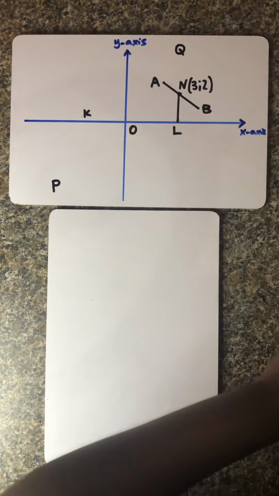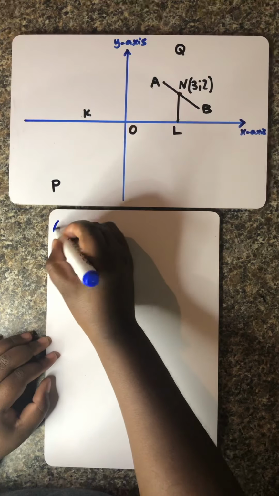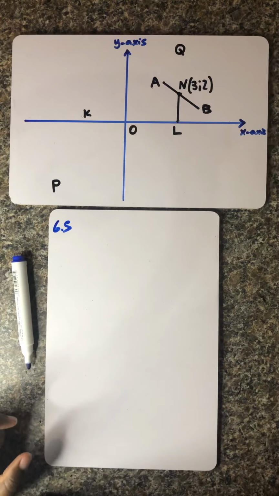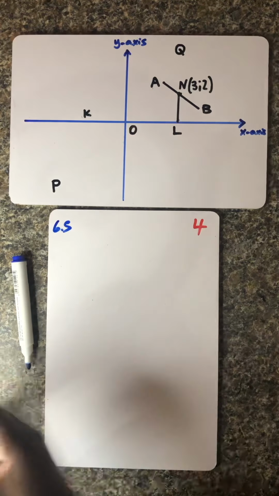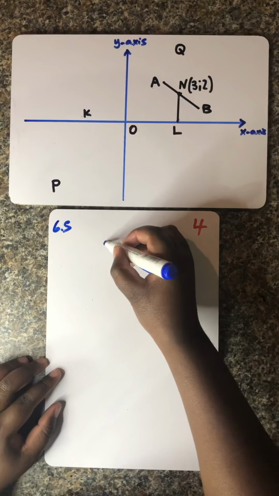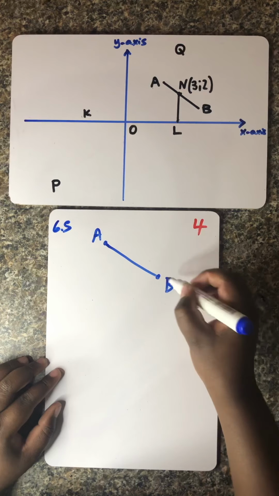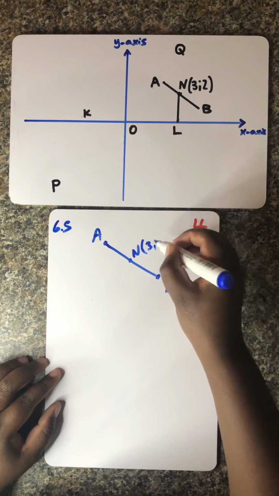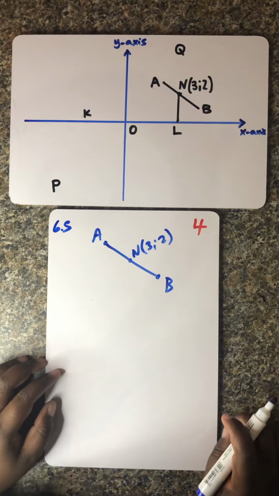So ladies and gentlemen, this is 6.5, and let me quickly check, it's allocated 4 marks. A lot of marks over there, ladies and gentlemen. So this is the equation that they want of A and B. So we've got N over there, which is 3 and 2.